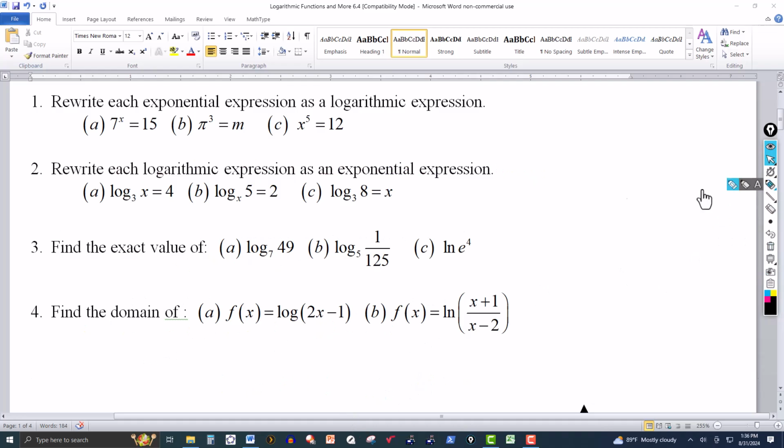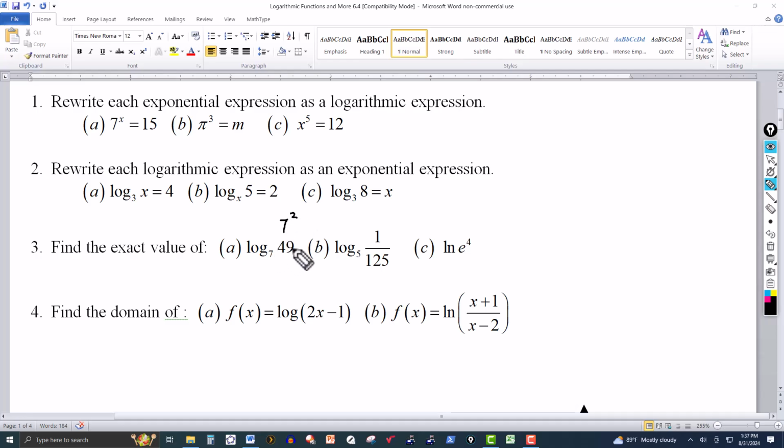Okay, on the next one, find the exact value of each of these. So we have log of 49 to base 7 is equal to what? So again, the log is an exponent. So basically we're asking, 7 to what power gives me 49? Well, let me write it this way so it's easier to see. 7 squared is 49.